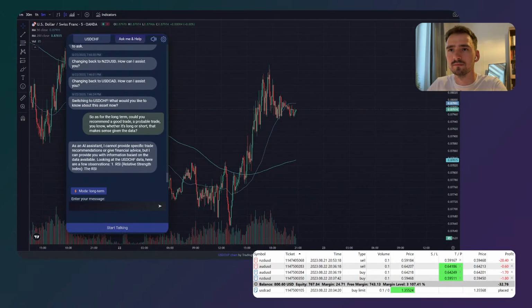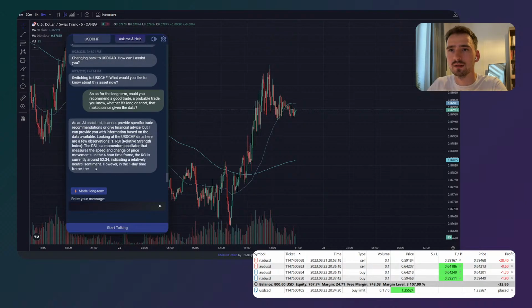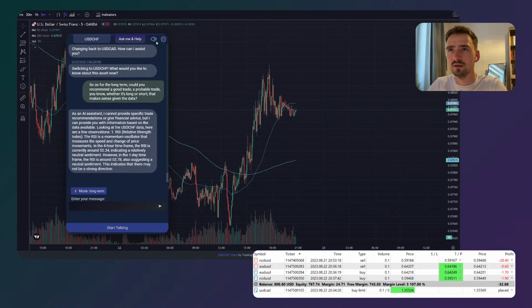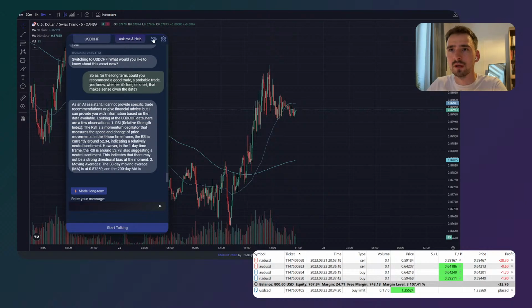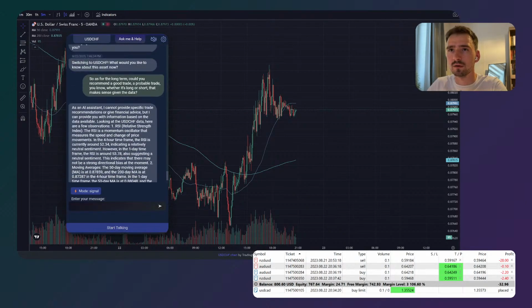As an AI assistant, I cannot provide specific trade recommendations or give financial advice, but I can provide you with information. It gives us the neutral sentiment as well. Okay, that's okay. Let's go to the signal mode and let's generate a signal for the short term now.